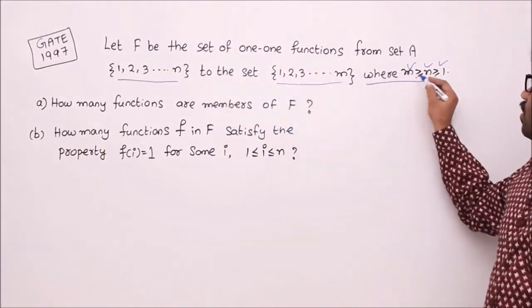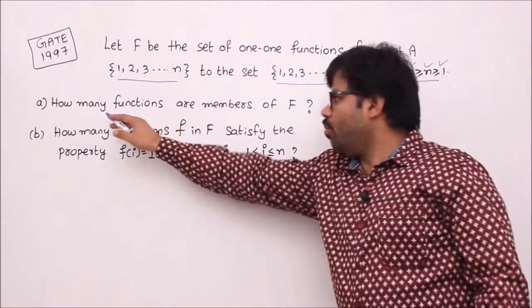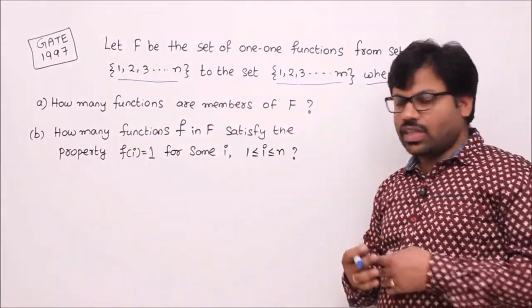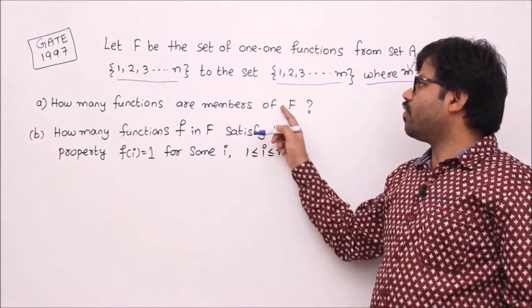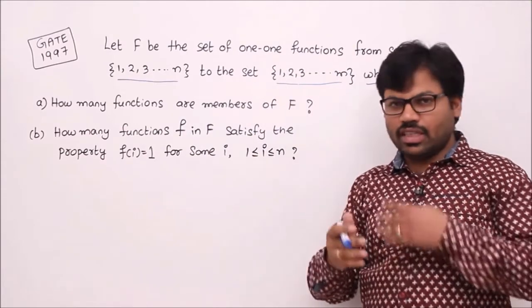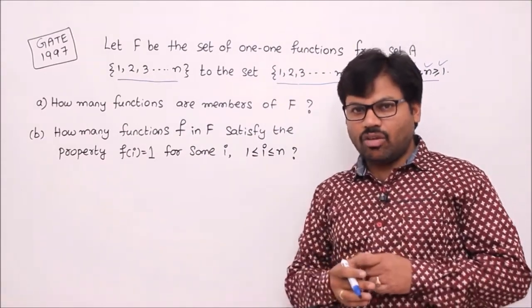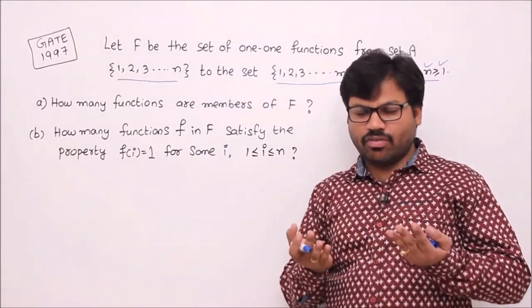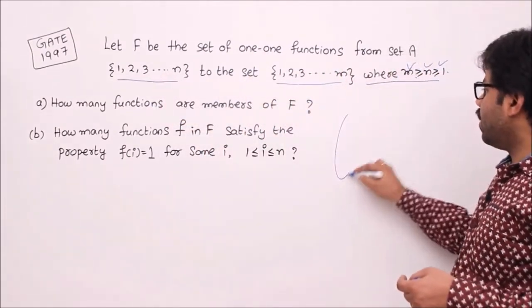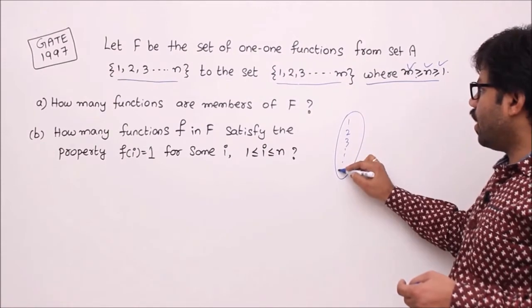That's what the condition says. Now, how many functions are members of F? There are a lot of functions, isn't it? Out of them, how many are members of F? The membership property is that it is a 1-to-1 function. Then this question is indirectly asking how many 1-to-1 functions are possible from this set to this set. Let me write it. 1, 2, 3, and so on to n here.